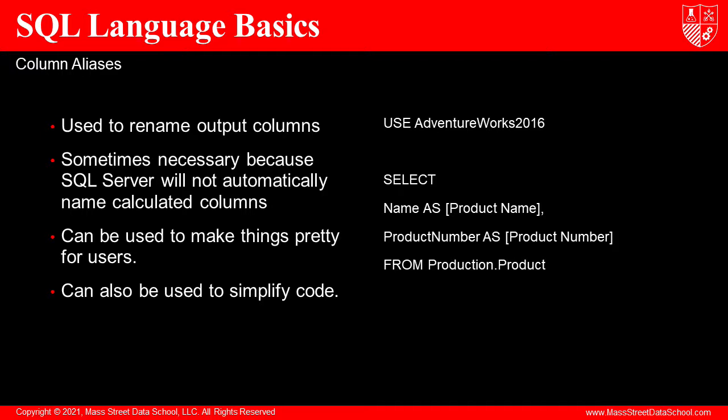You can rename the column to something that will show up pretty in the user's BI tool. 3, sometimes you want to rename things for your own personal sanity. When you are pulling data from more than one table and those tables have the same column names, it can become confusing in a hurry. In the case of scenario 2, you may want to create a column name with a space in it. To do that, you have to wrap your alias in brackets.